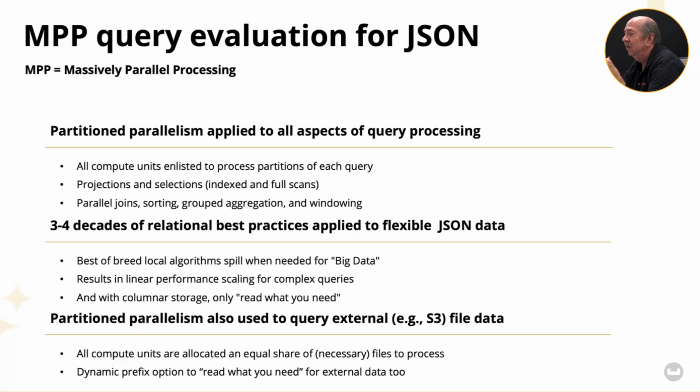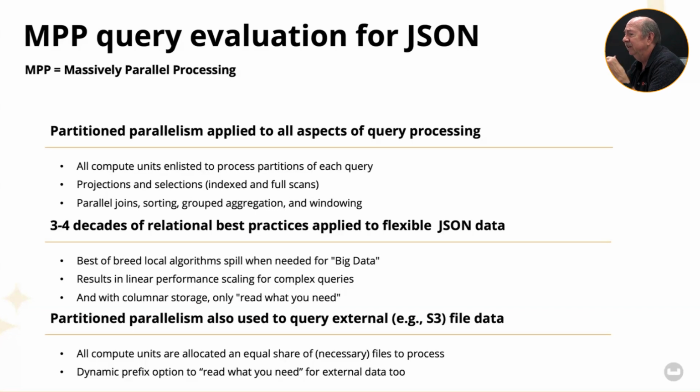And so we use that same best of breed approach generalized to JSON to do processing in parallel of your JSON data. We do not assume that data fits in memory, so we also use the same best of breed techniques developed over decades for having things get written temporarily and read back, to spill when you have data that is large and where that's necessary.